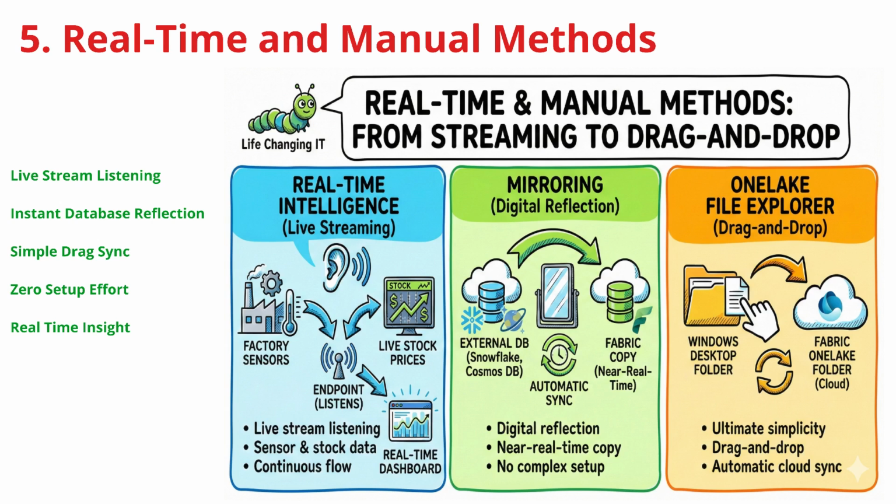This tool makes the massive power of the cloud look like a regular folder on your Windows computer. You can literally drag and drop a file from your desktop into a Fabric folder, and it syncs to the cloud automatically. Whether it's a high-speed live stream or a simple manual upload, Fabric provides a front door for every type of user.